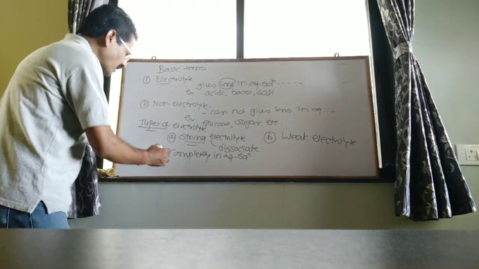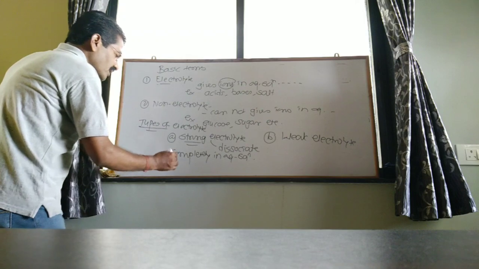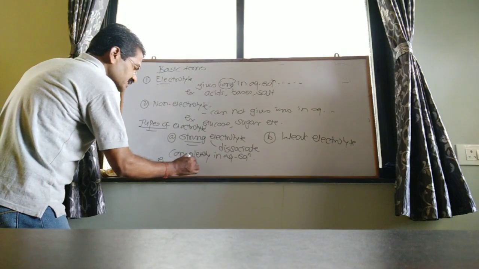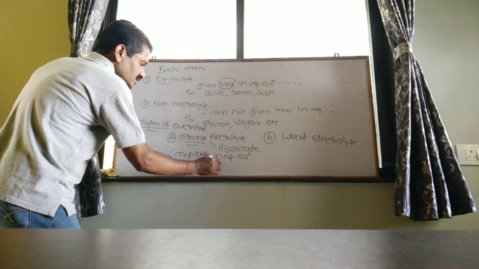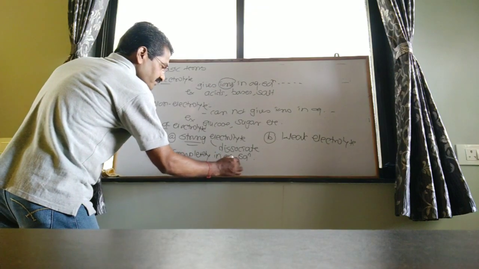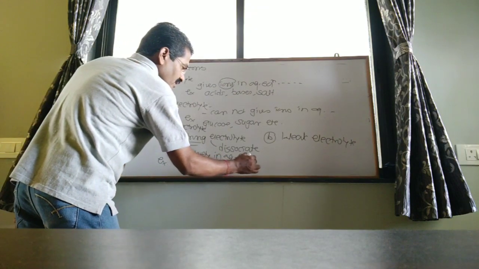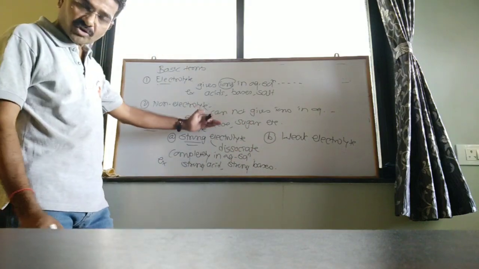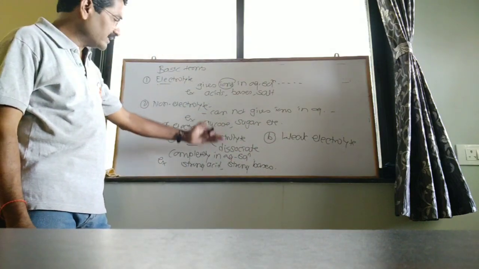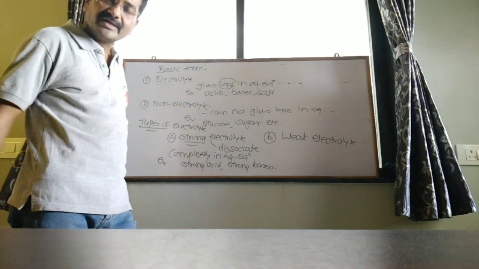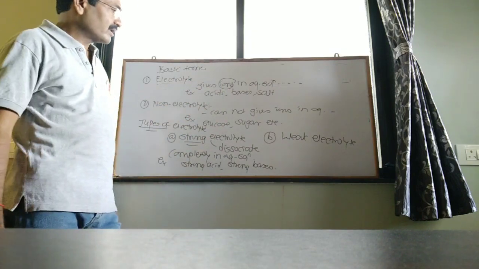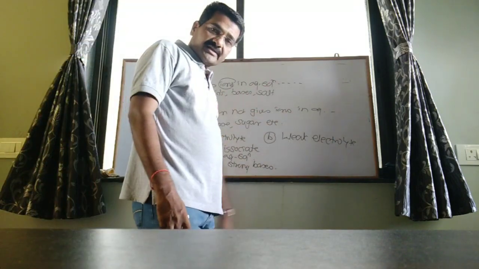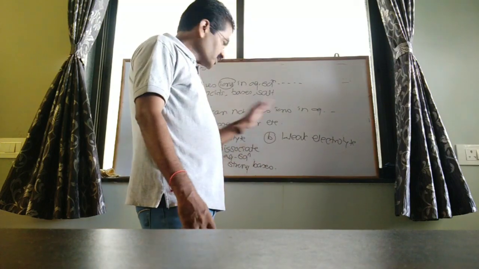For example, all strong acids and strong bases are examples of strong electrolyte because they dissociate completely when dissolved in aqueous solution. Next, weak electrolytes, in contrast to the strong.